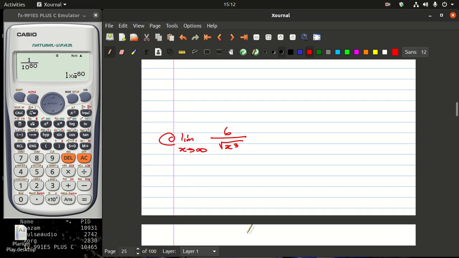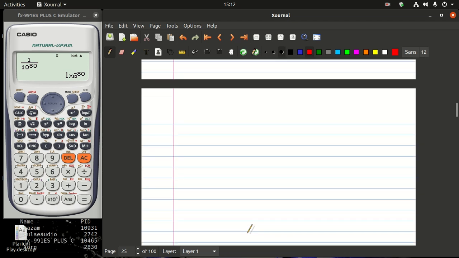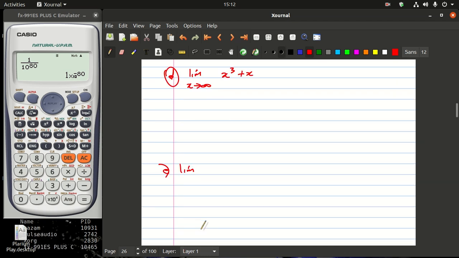And then the fourth one, I want us to find the limit as x approaches infinity of x cube plus x. And then the last one here is going to be e. I want the limit as x approaches infinity of x squared minus x.